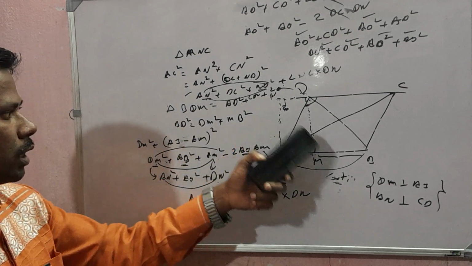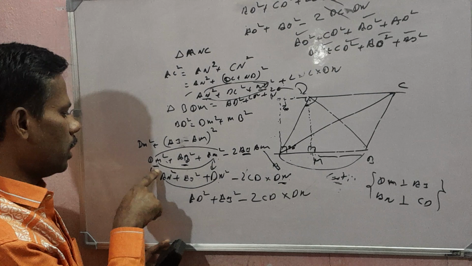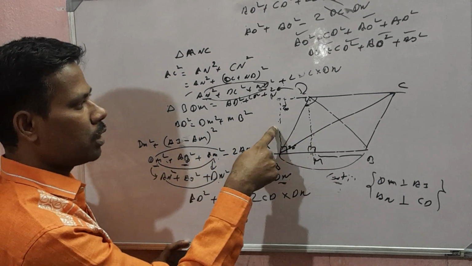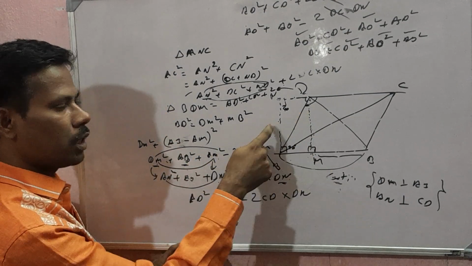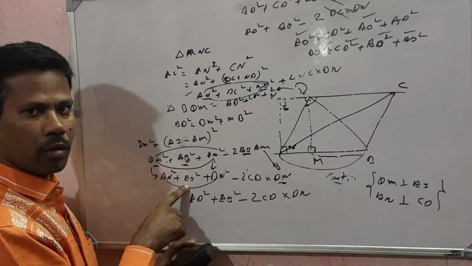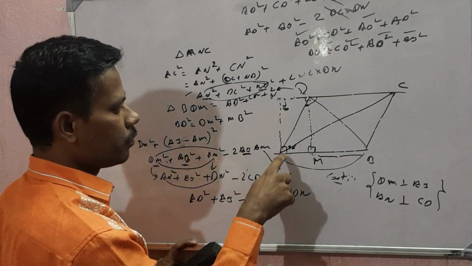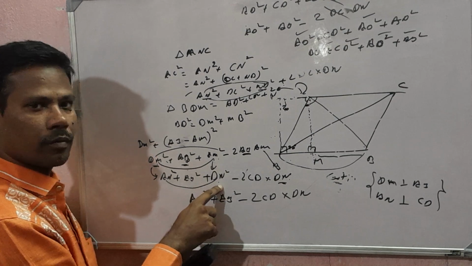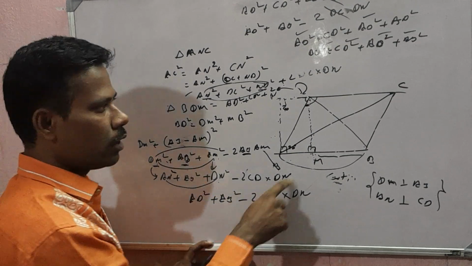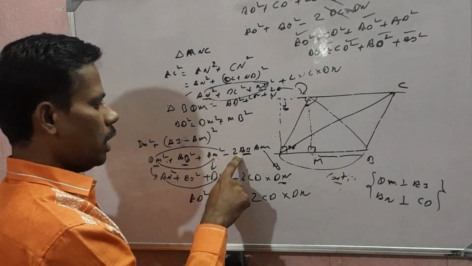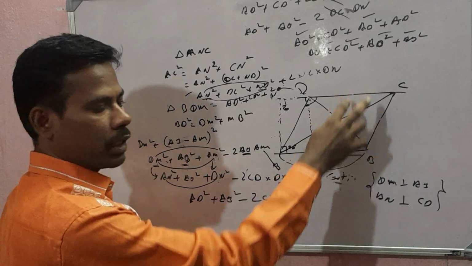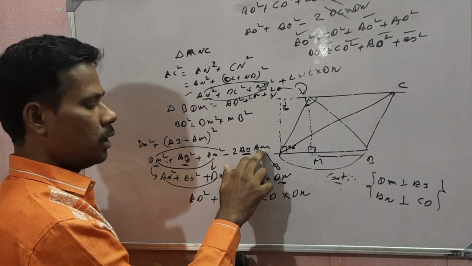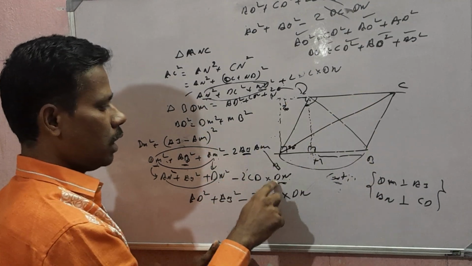Second part, while doing second part, be careful what I am writing. DM is nothing but AN, opposite sides of a rectangle. AB you have to write as it is. AM is nothing but DN, opposite sides of a rectangle. Minus 2 times CD into DN. Here AB is nothing but CD, and AM is nothing but again DN.